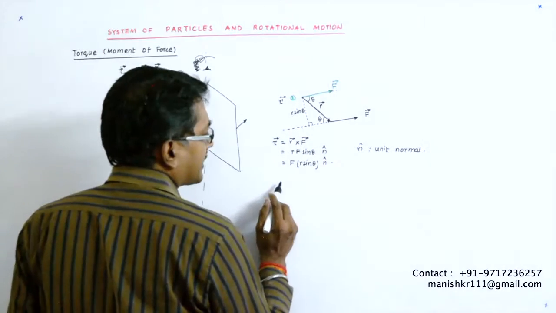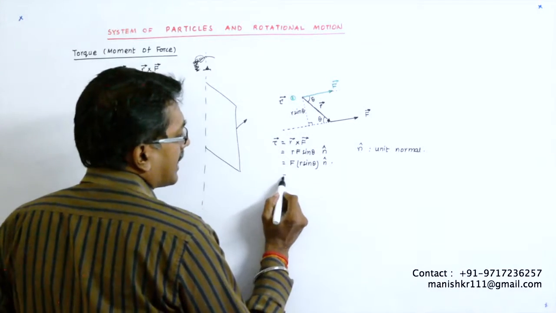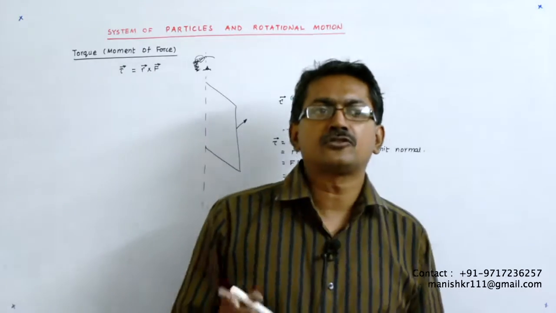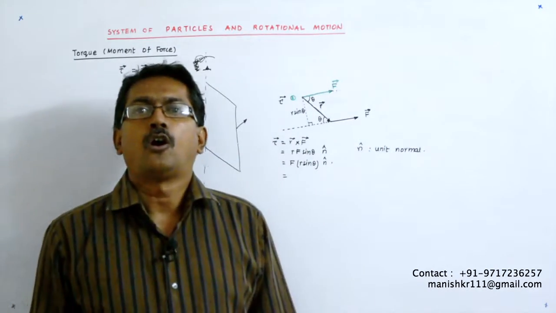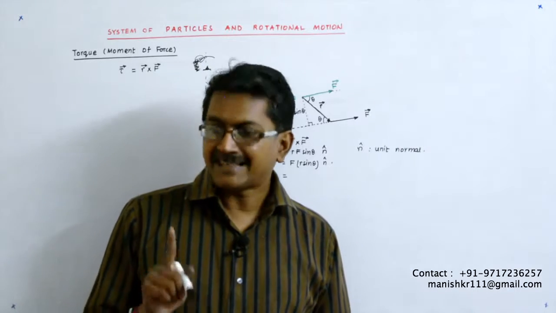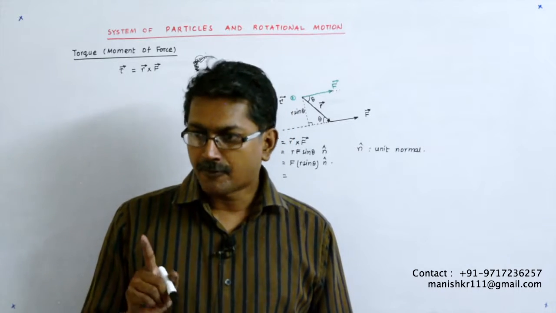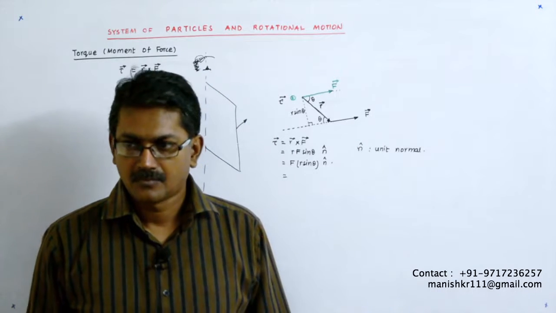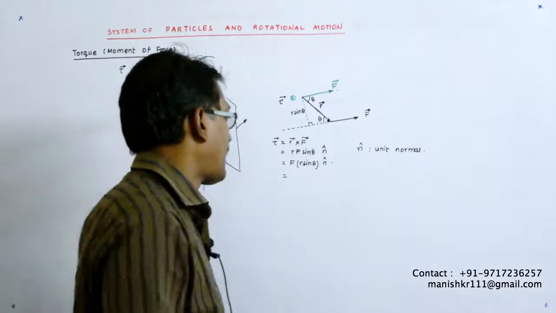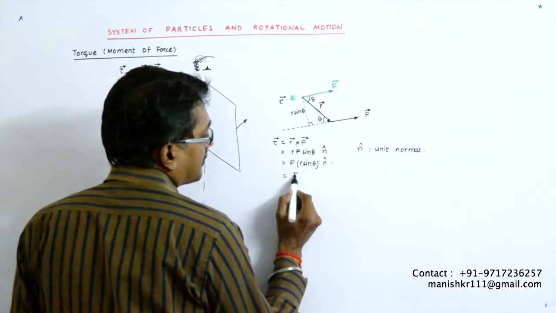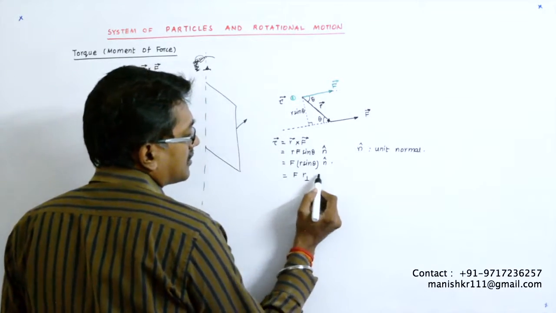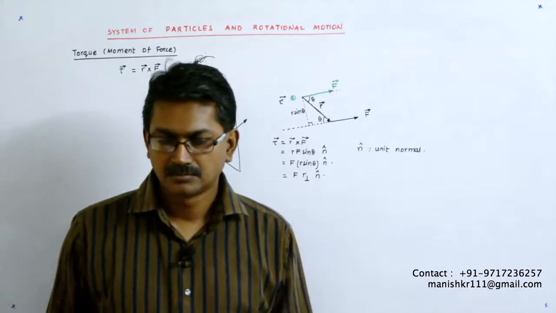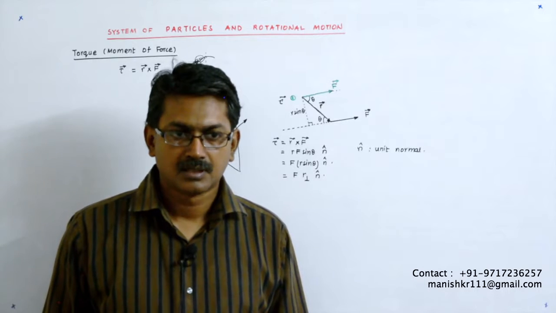So f into r sin theta into n cap, and r sin theta is what? It is the perpendicular distance of the axis from the line of action of the force. Do you get that? So I can very well write it as f into r perpendicular n cap. Correct?